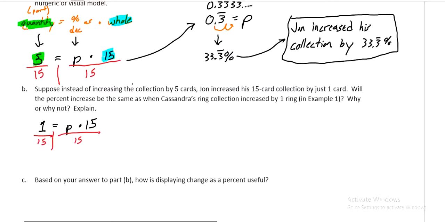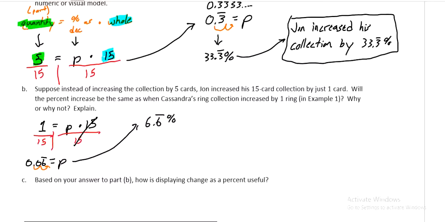And when we do that, we're left with P is equal to, and 1 over 15 gives us 0.06 repeating, which ends up equaling 6.6 repeating percent.